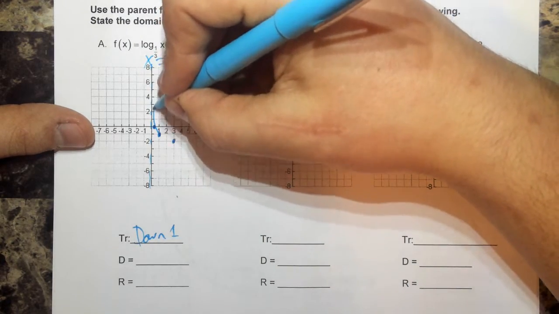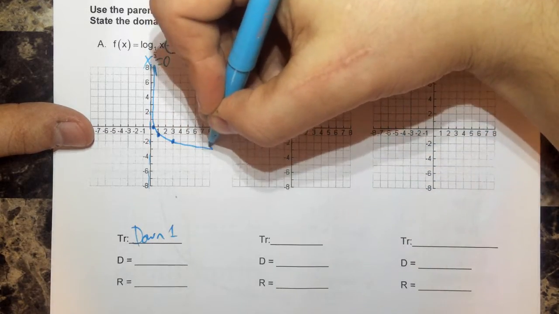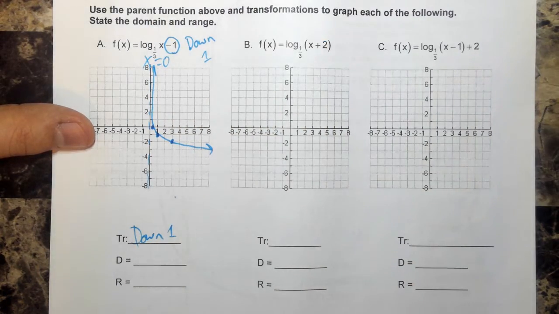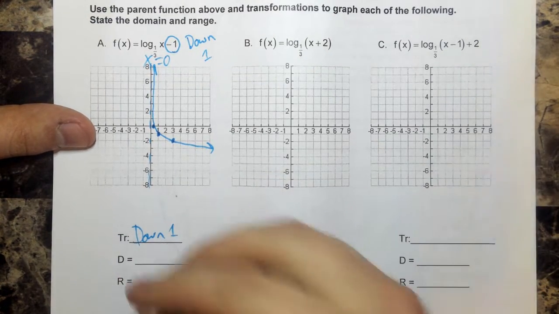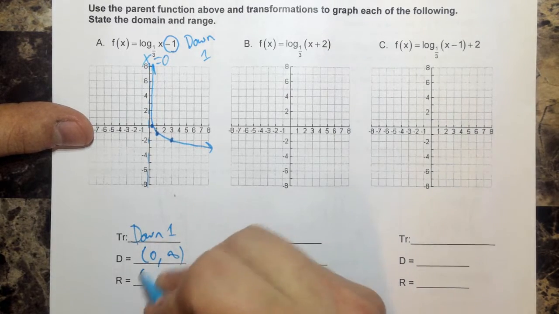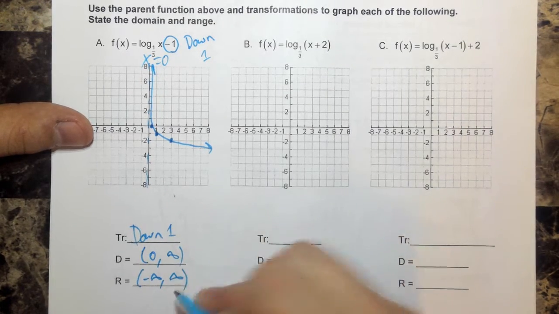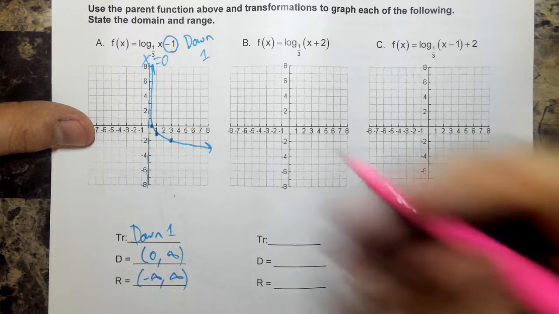So again, we'll hug that vertical asymptote there, sort of level off, but not technically, it's still kind of curvy. And that's it, it just got shifted down. Domain should not change in this case because we didn't go left or right. So it's 0 to infinity and then negative infinity to infinity for the range. And that pretty much sums it up.